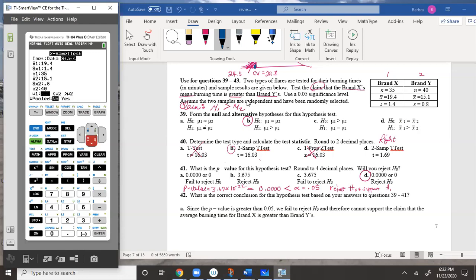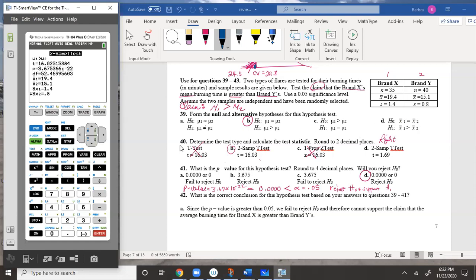And the test is greater than. Just click no for pooled and then calculate. And the result is that you have a test statistic t equal to 16.03.